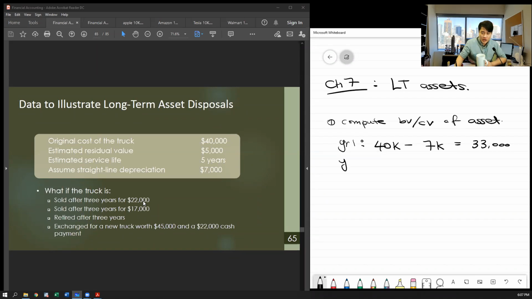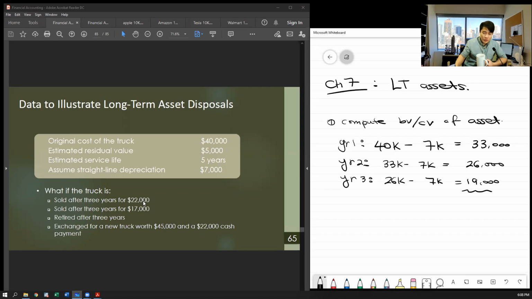At the end of year two, we follow the same procedure, 33K minus 7K, that becomes the carrying value of $26,000. And at the end of year three, the carrying value of the truck now becomes $19,000. So that's basically the dollar value that the company will report at the end of year three.